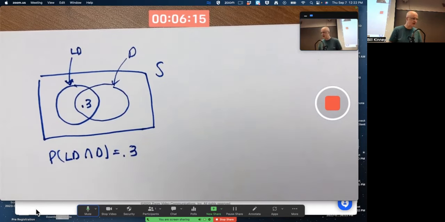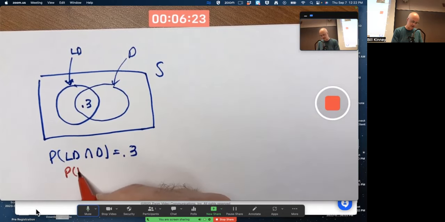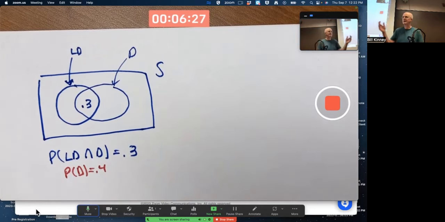The next bit of information was that 40% of people die. The probability of D is 0.4. If 40% of the people at the plant die, that's interpreted as a probability. The probability that a randomly chosen worker from the plant ended up dying is 0.4, if you're trying to assess the chances and you don't know ahead of time whether they died or not.